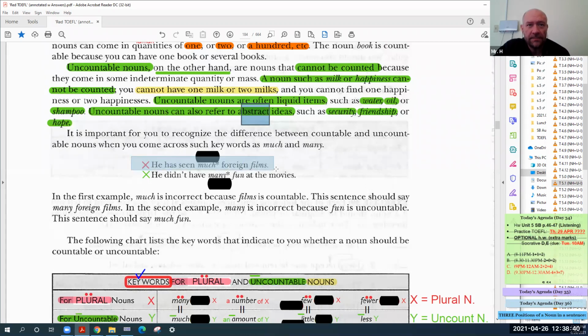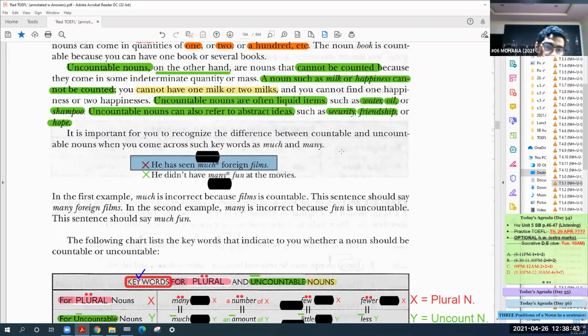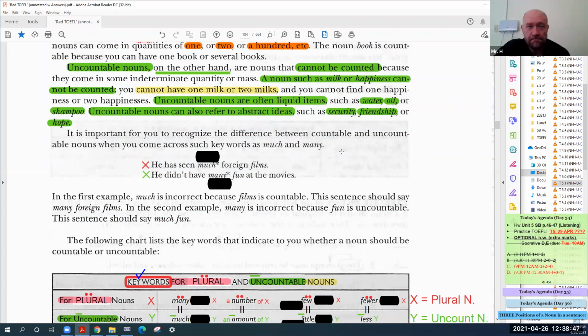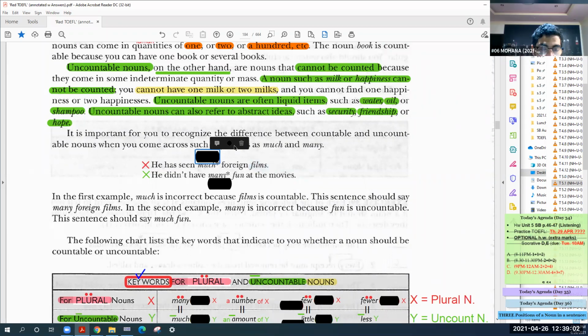All right, Mohana? He has seen much foreign films. You see the problem? Much can't be used with the countable noun. This is a countable noun, it's plural. So what should I use? Many.